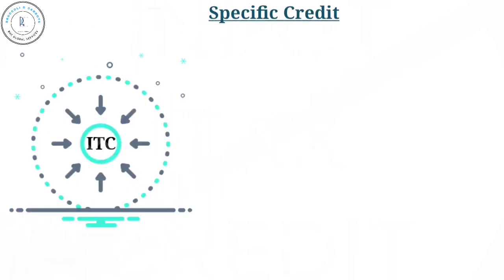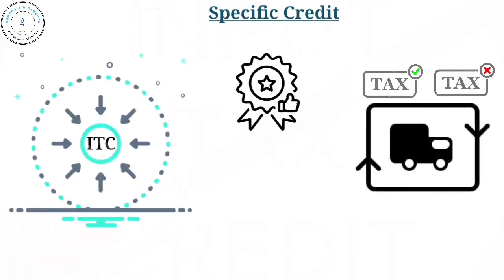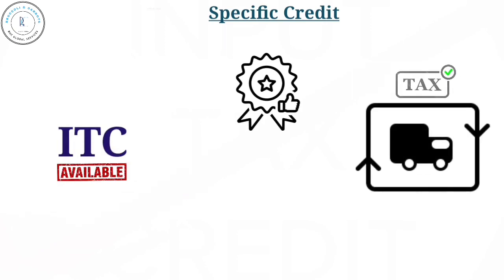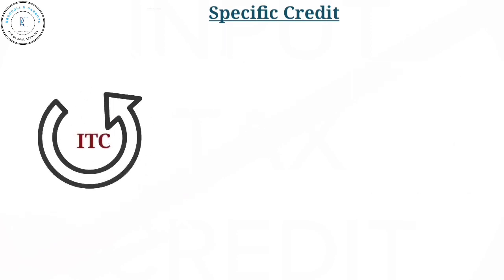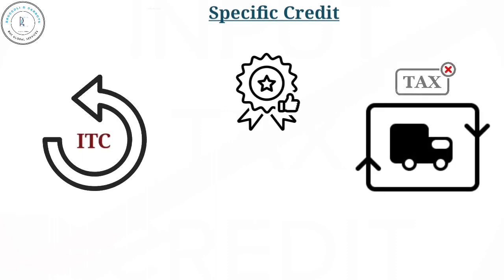ITC that can specifically be attributable to a supply, either taxable, non-taxable, or supply consumed for personal use. ITC is available if it is directly attributable to a particular taxable supply. ITC has to be reversed if directly attributable to a particular supply that is non-taxable or used for personal consumption.